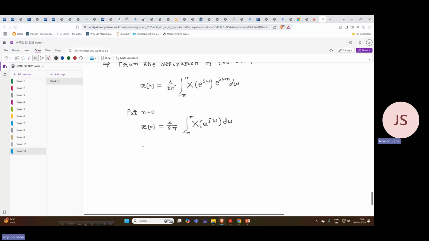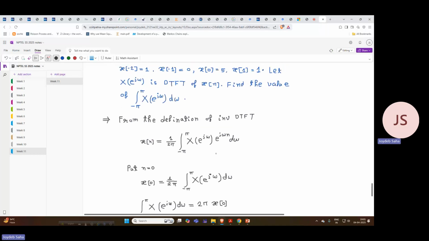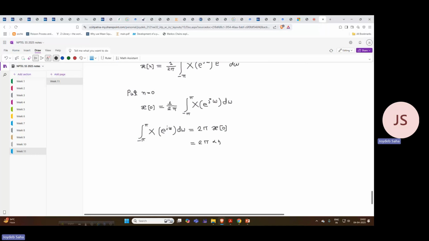Or we can write the integral from minus pi to pi of X of e to the power j omega d omega is equal to 2 pi multiplied with x of 0, which is 2 pi times 5, since x of 0 is 5, right? Is equal to 10 pi.